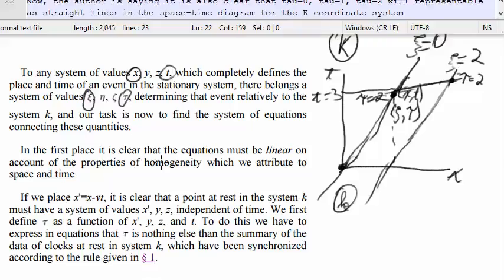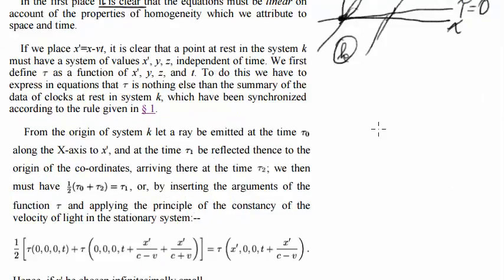Now, the author is saying that it is also clear that the lines for tau equals 0, tau equals 1, tau equals 2 will be representable as straight lines in the spacetime diagram for the capital K coordinate system. Okay, k is moving at velocity v.